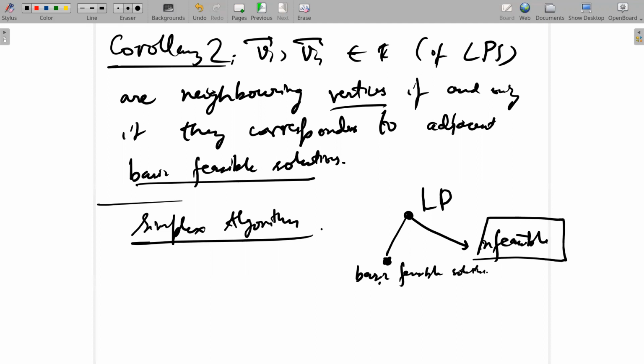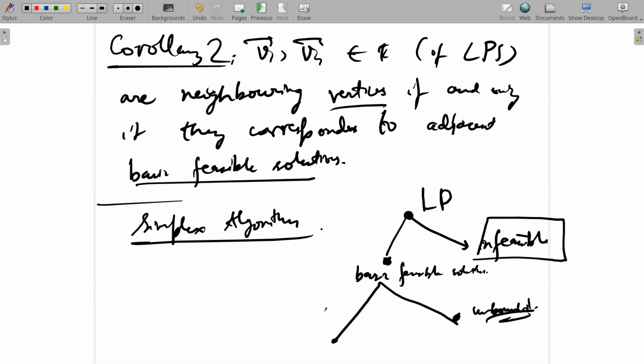And then once you have found a basic feasible solution, one case is that it is unbounded. It is possible that the linear program is unbounded. Then also you're not very interested; this is like an ill-posed problem. That's the term I have been using. Or what you can do is navigate.